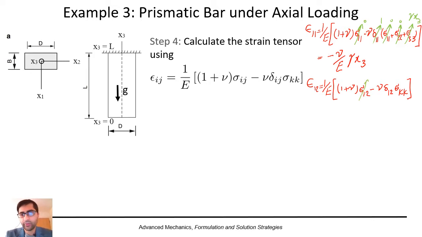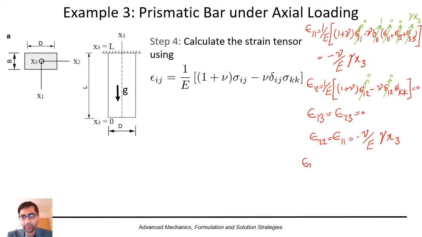We know that sigma 1,2 is 0 and delta 1,2 is 0, so it is basically equal to 0. The same for epsilon 1,3 and epsilon 2,3. For epsilon 2,2, we have the same as epsilon 1,1. It becomes minus nu divided by E gamma x3.